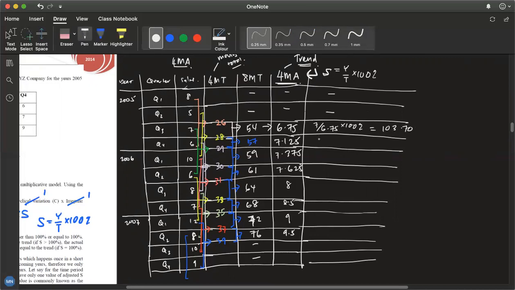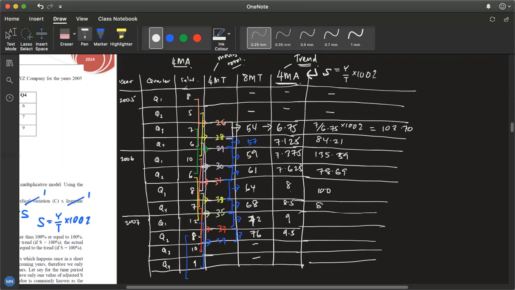And we need to calculate for the rest value. Right, this one should be 84.21. This is 135.59. And this is equal to 78.69. And this is equal to 100 because 8 divided by 8 multiplied with 100 equal to 100%.